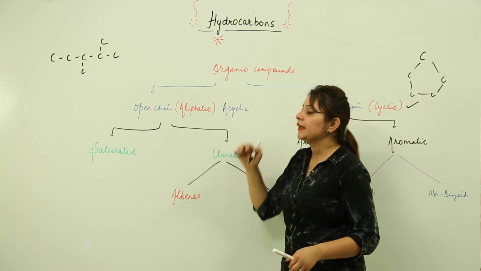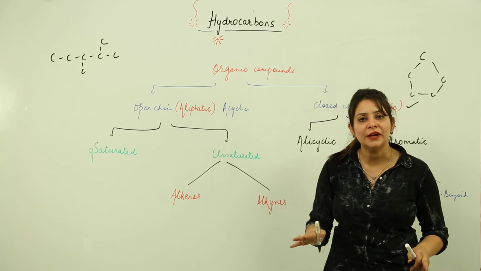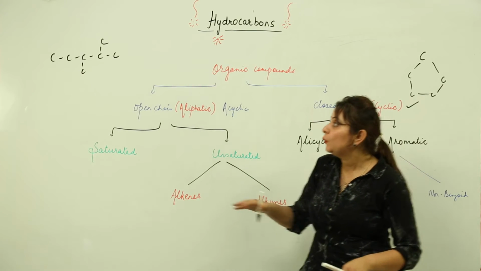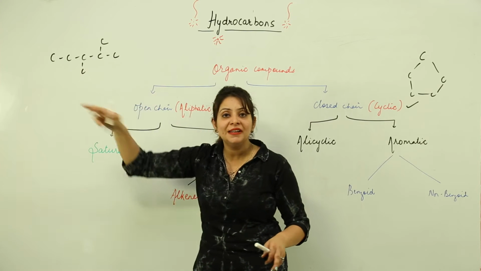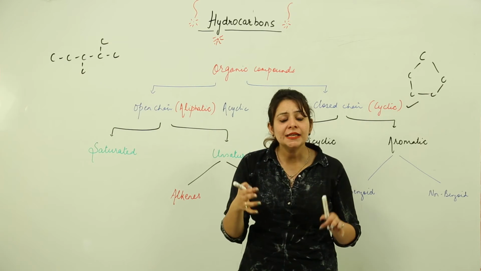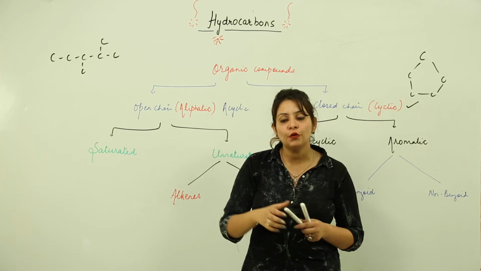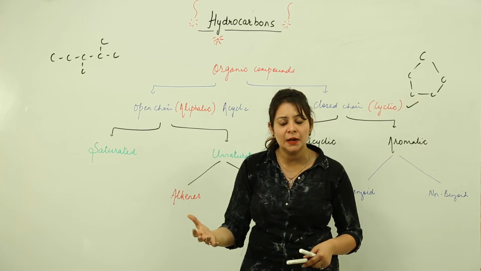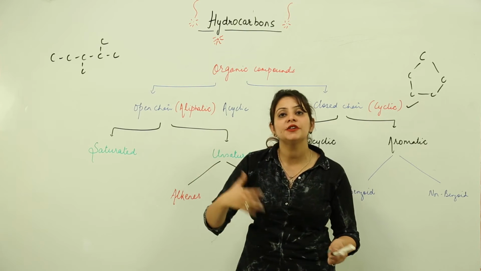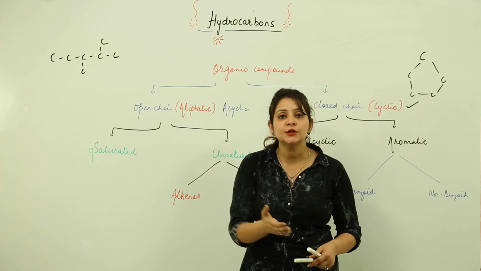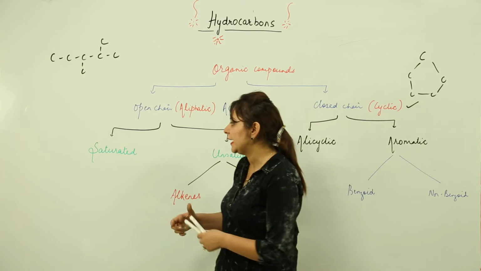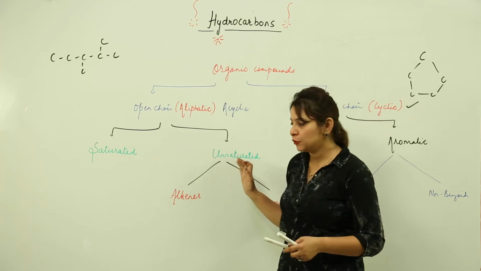Now aliphatic hydrocarbon is further divided into two categories depending upon whether the bonding between the carbons is single, double or triple. As we know, carbon has the property to form a single bond, a double bond, or a triple bond with another carbon. On the basis of that we divide them into saturated and unsaturated.